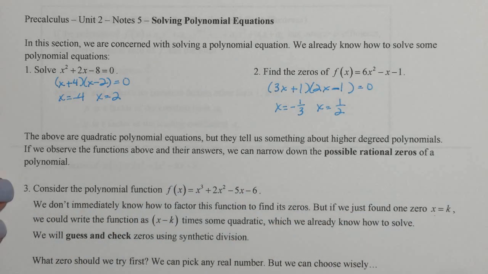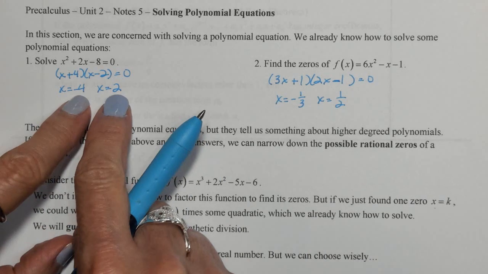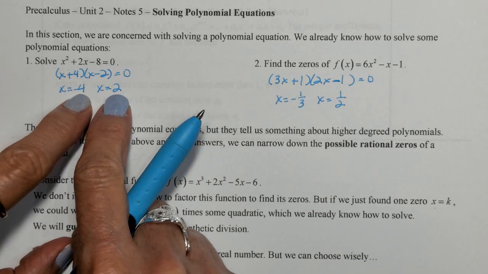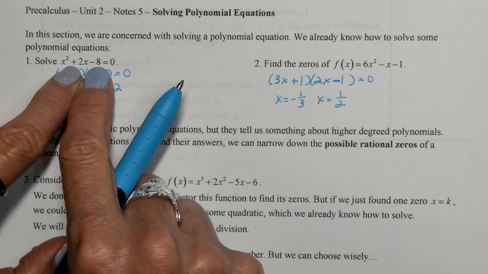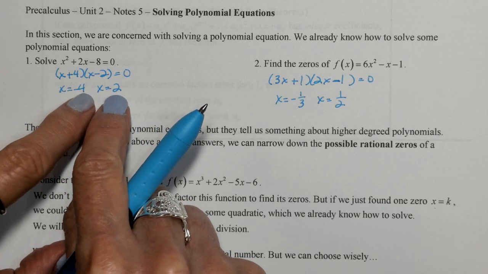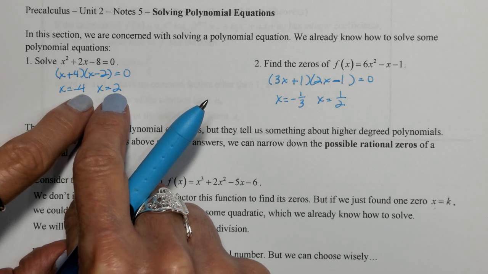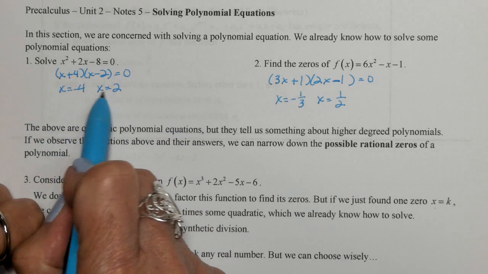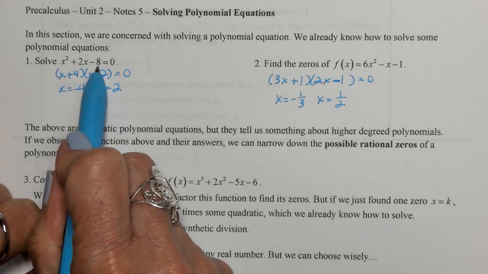Alrighty, so we got zeros here of -4 and 2. Look at our equation. Where might we observe these zeros to have come from? Well, these zeros are both factors of 8, right? 4 and 2 are both factors of 8.